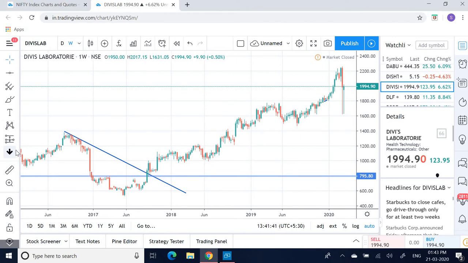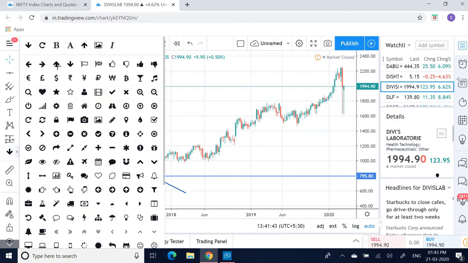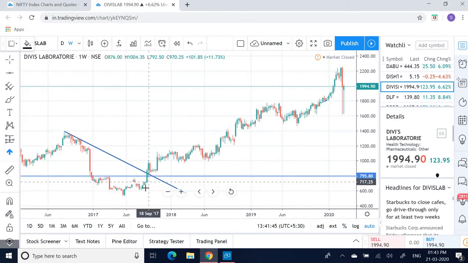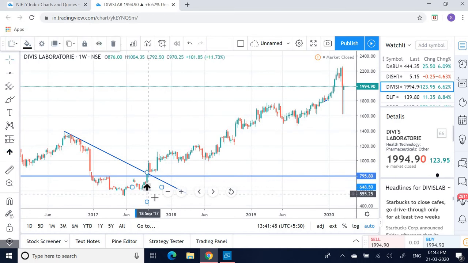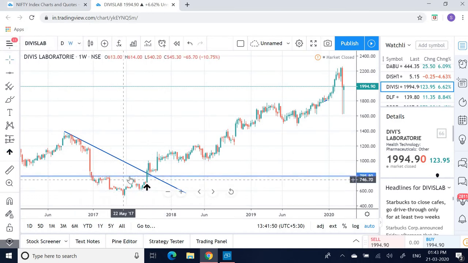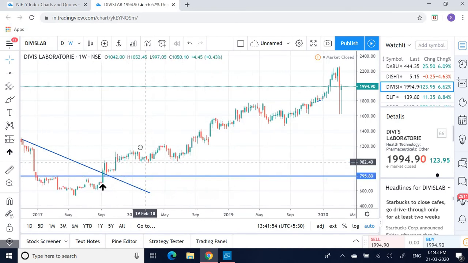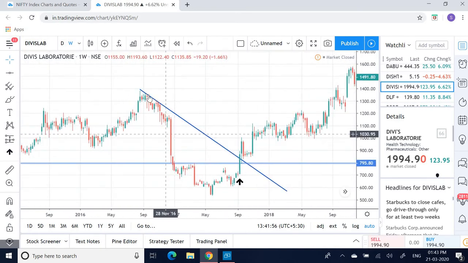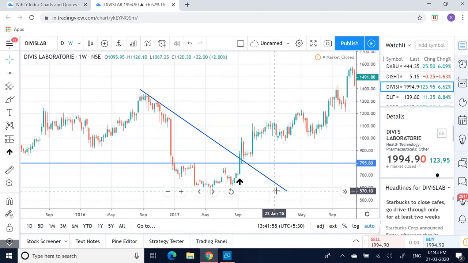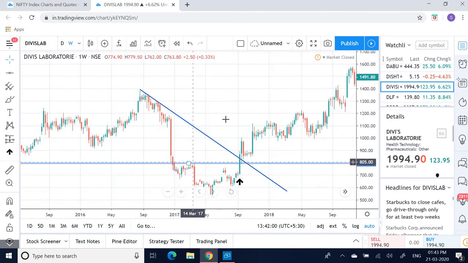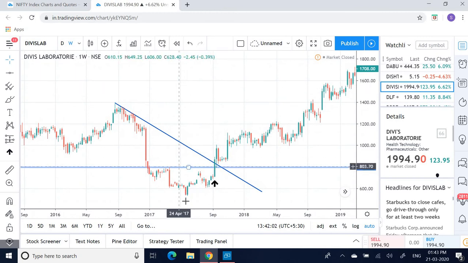What you would see is this is where everything changed. It broke the previous high. It broke the trend line that was going there.